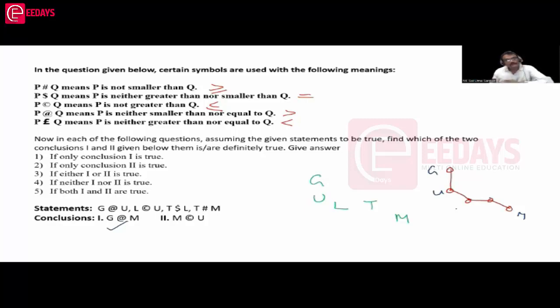What is the lower value? Less than or equal to the upper value. Here M is in the lower part, U is in the upper part. Copyright means here less than or equal to. That means M is less than or equal to U. This is also valid. So what is the answer? Both 1 and 2 are valid. So what is the answer? Option 5 is the correct answer.